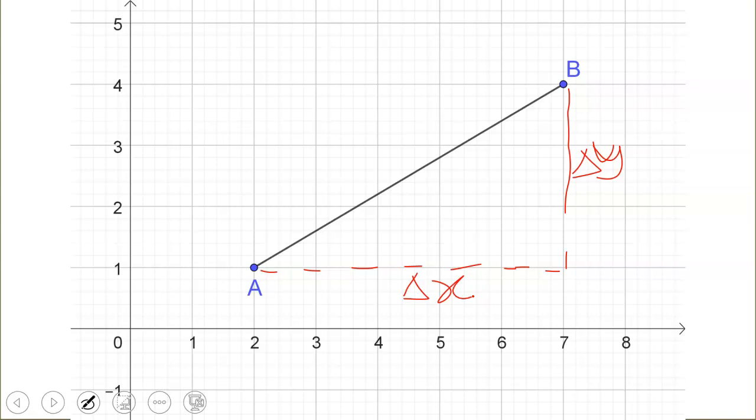And so if you look at this diagram very well, you can see the point here is (2, 1), whilst the point here is (7, 4). Now, change in y simply means between the point 1 here and then the point 4 here, what is the difference? The difference will be 3. And between the point A here and the point B here, what is the difference? That is the change in x. And here the difference will be 5.